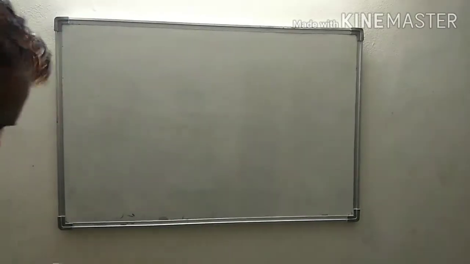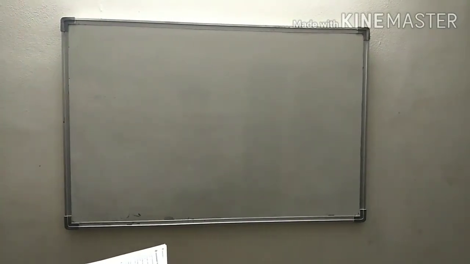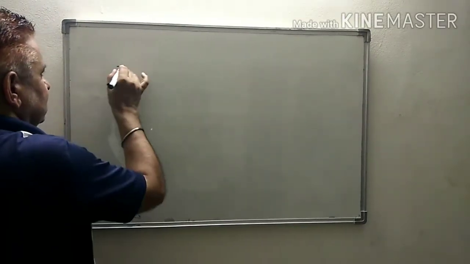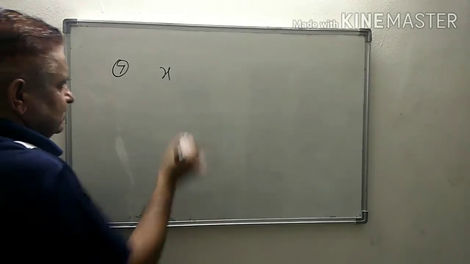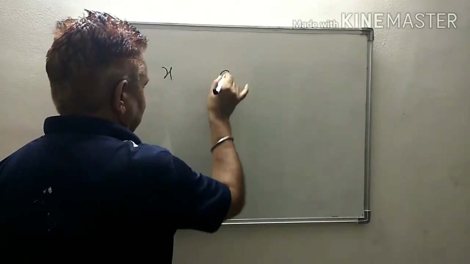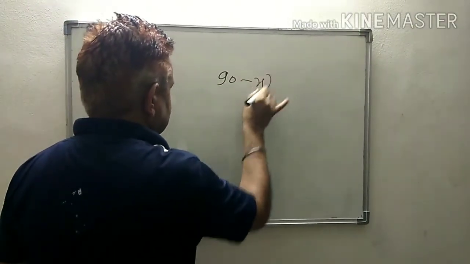Next question, question number 7. If an angle measures 10 degrees more than its complementary angle, let the angle be x, its complementary angle is 90 minus x.